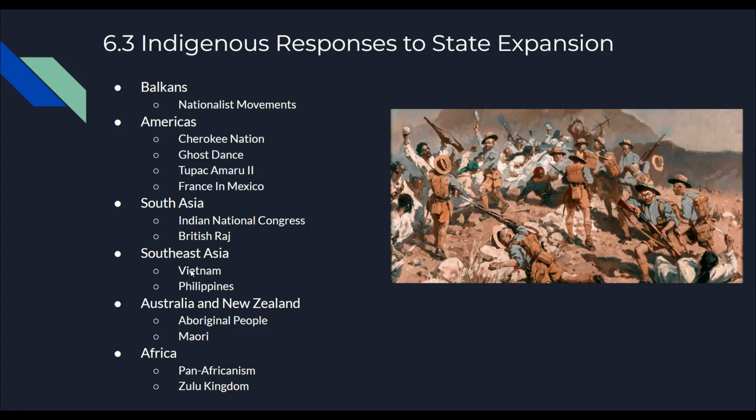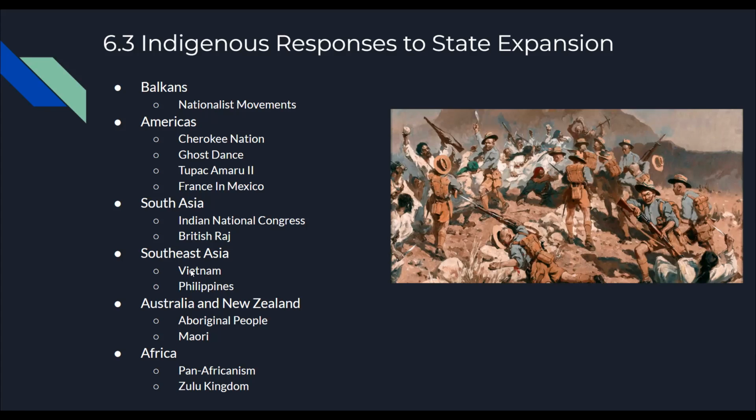Now you also had resistance in places like Australia and New Zealand. In Australia the government told the settlers to treat the indigenous inhabitants kindly. However, the government did not recognize their land ownership, and due to this, they were not protected by law. So many people were killed as they were trying to defend their territory.